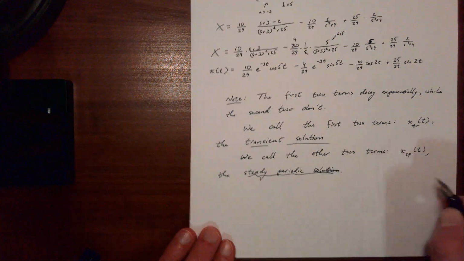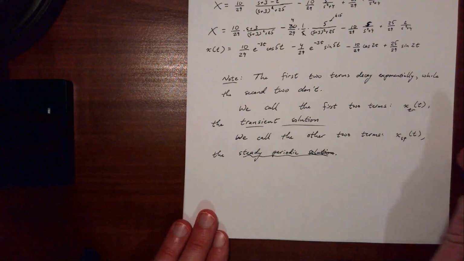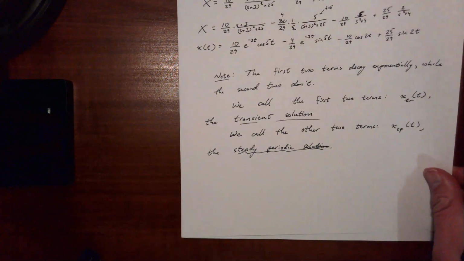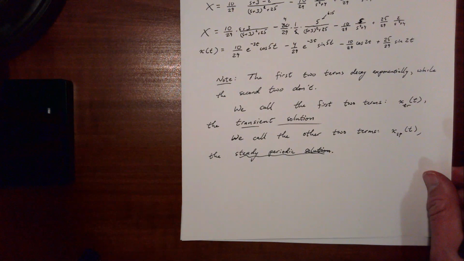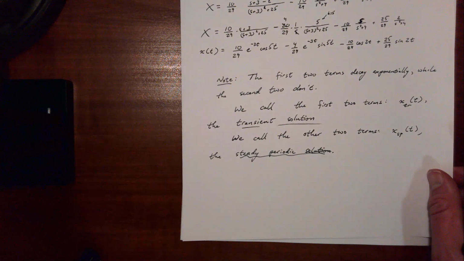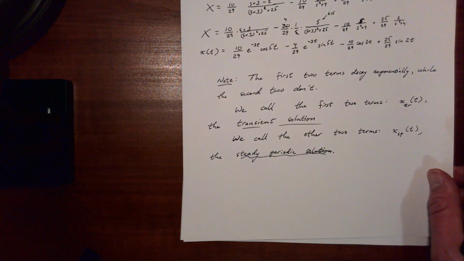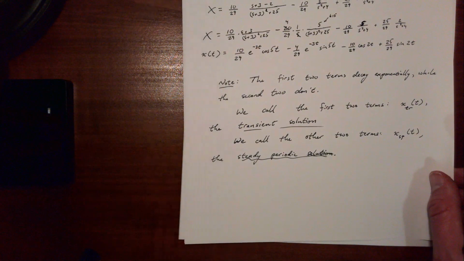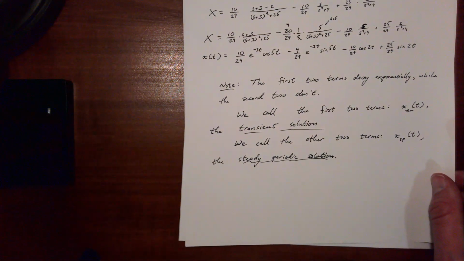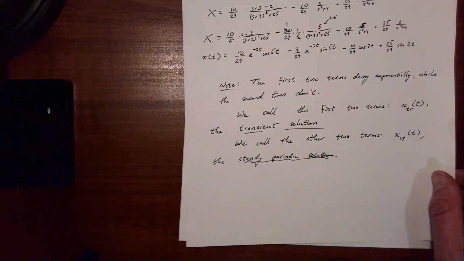And hopefully the names make sense. Transient means going through. It is a solution that only exists for a brief period of time. And it, by the way, represents the natural frequency of the spring. And it's the frequency of the forcing function that actually ends up being the steady periodic solution for the whole thing.